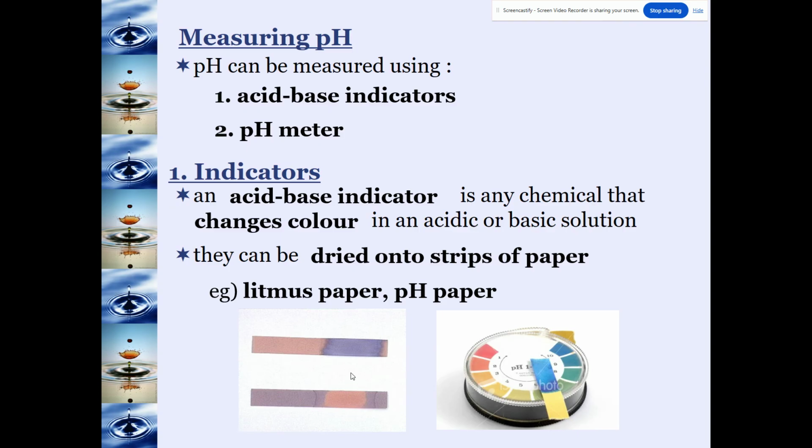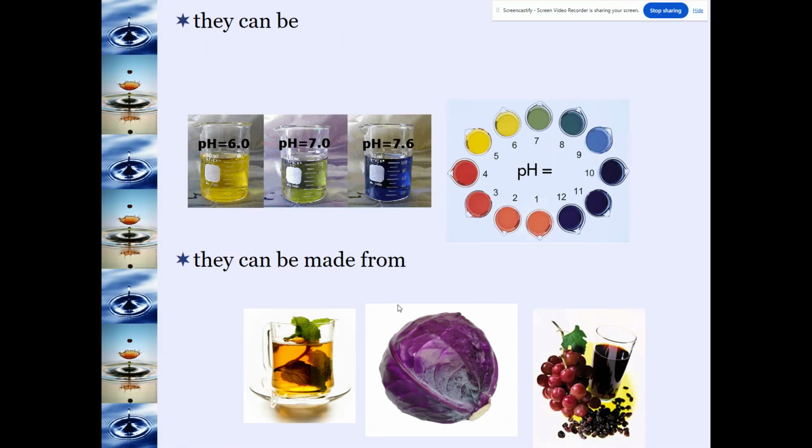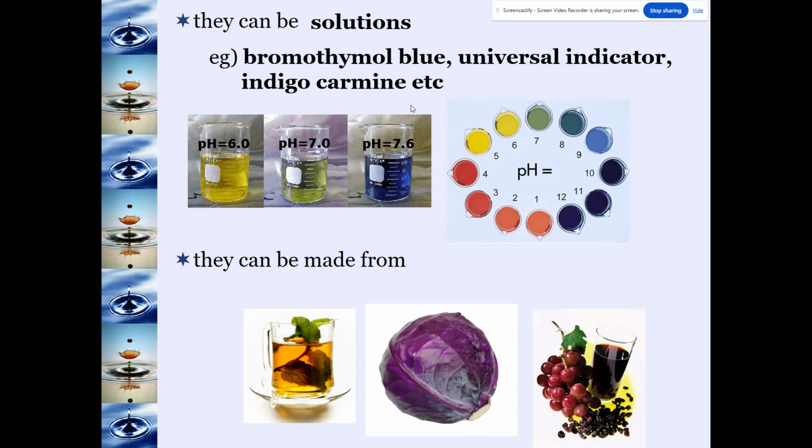Litmus paper turns red or blue depending on if it's in an acidic or basic environment, red for acids, blue for bases. And then pH paper turns a different color for each pH range, so it's a little more accurate. Now, indicator solutions are things like bromothymol blue, universal indicator, indigo carmine.